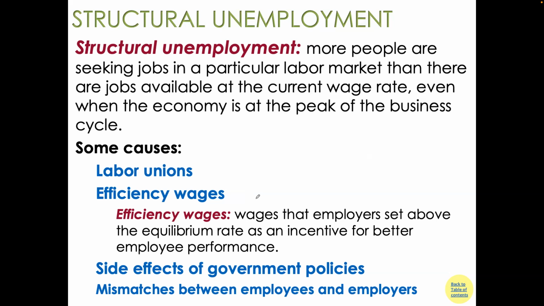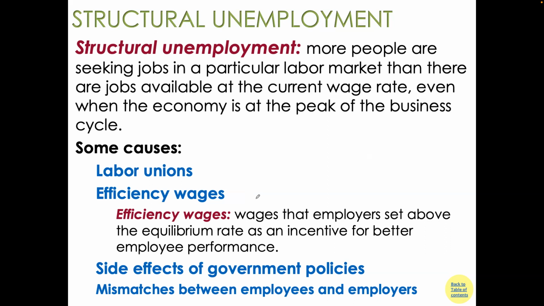But what can cause this situation? There is more supply than demand, essentially. Who's the supply? The job seeker. The demand is the employers. So why is there more supply than demand?